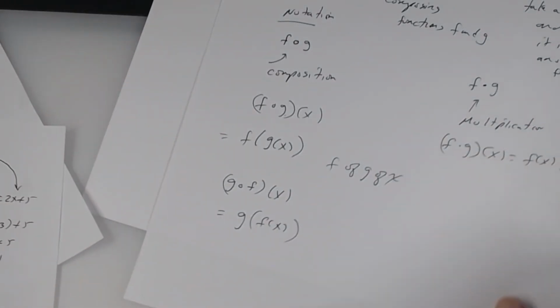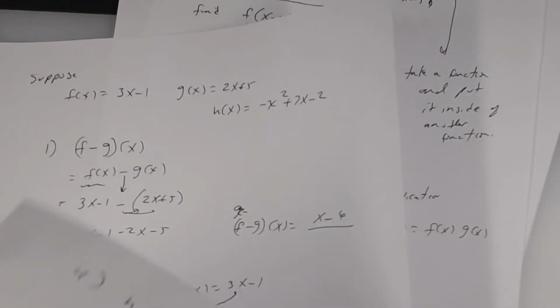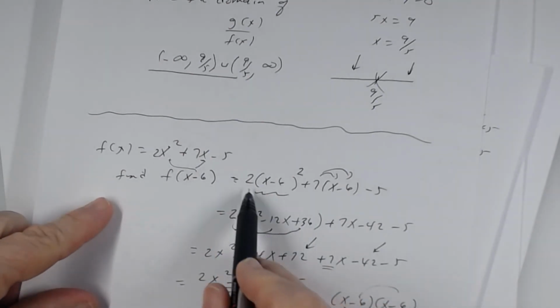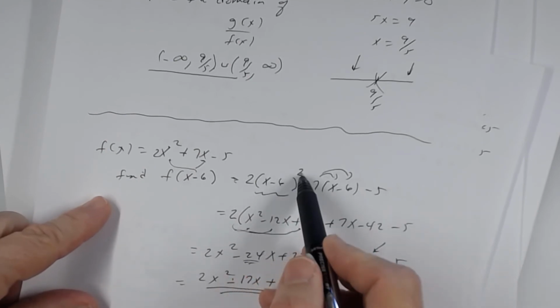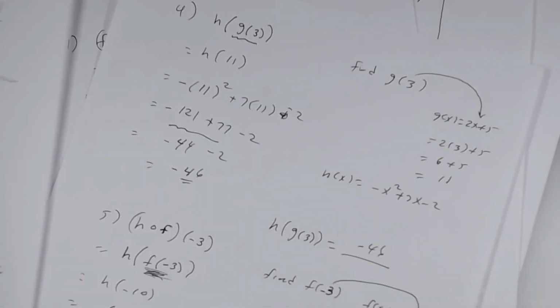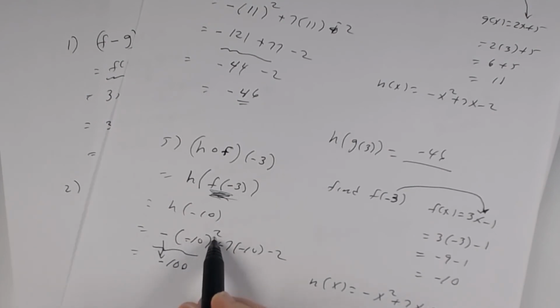We talked about the factor a while ago. Can I distribute this? No, because we have exponents. Your exponent is not a 1. So I cannot say the opposite of negative 10 here because I got to do this first. You got to square first.